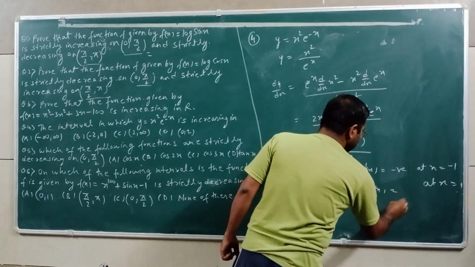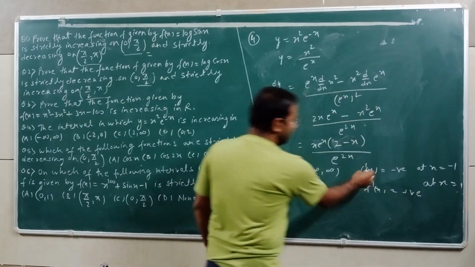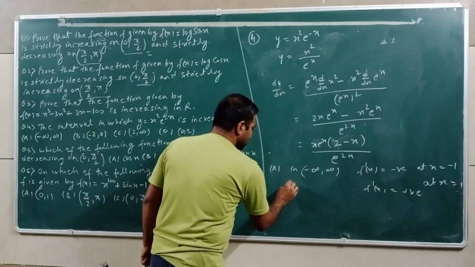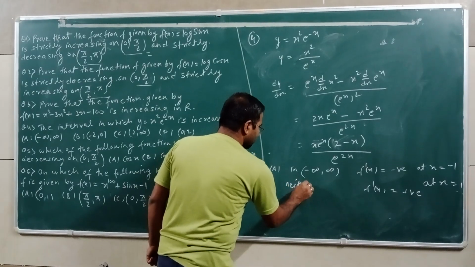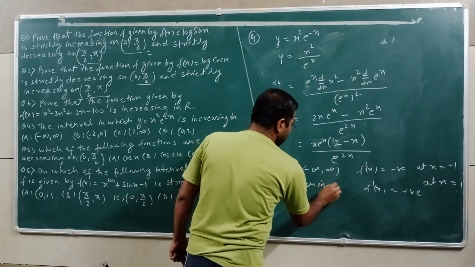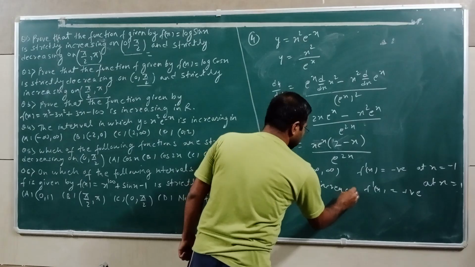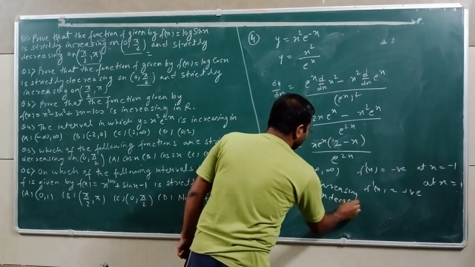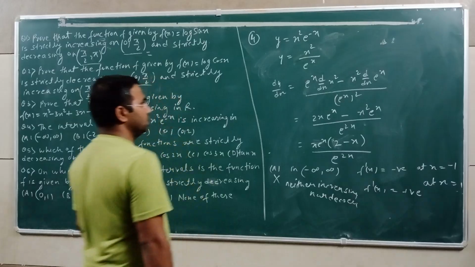So in this interval the function is neither only increasing nor only decreasing. Okay, so this option will not be correct.